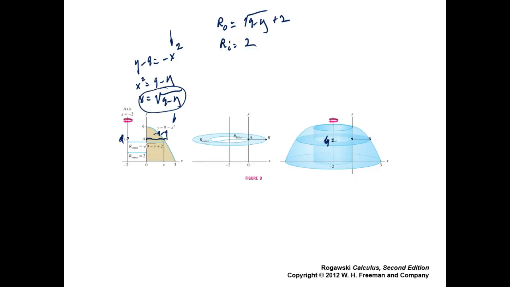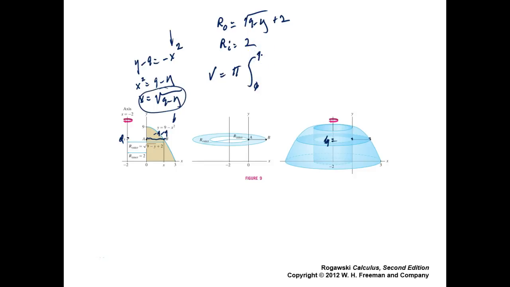Okay? And it's a washer method, so your volume would be pi times the r squared of both of those. And your y's are now going from what to what? To 9, yeah.